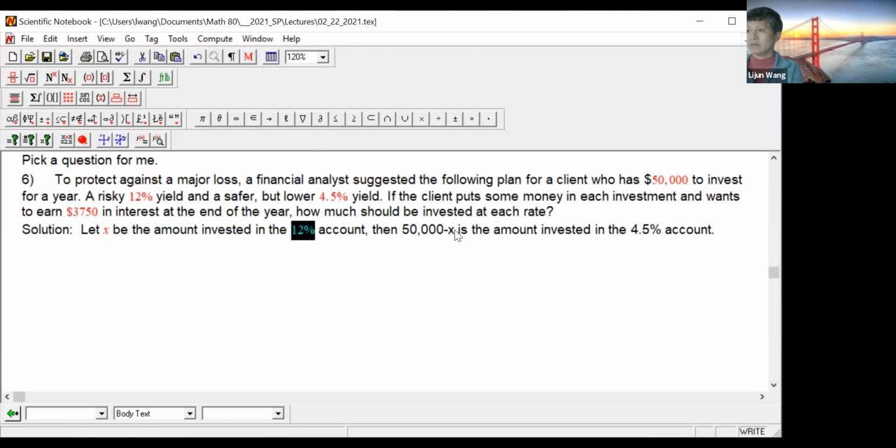And our equation, if you skip the table, you can work on a table if you wish, is that you have 12% for the X. And the other interest amount is 4.5%, but the principal amount is 50K minus X. So interest plus interest is going to be equal to the total interest.